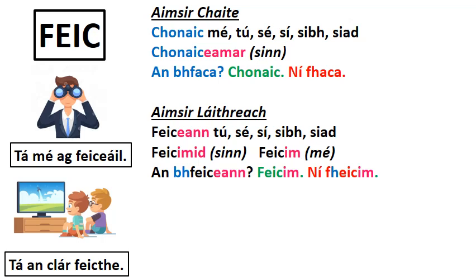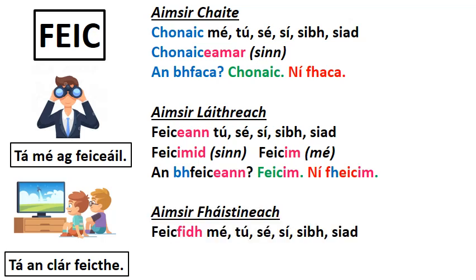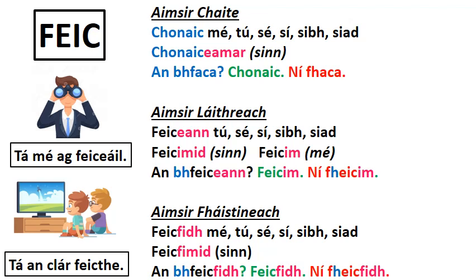I wonder will that continue for the Aimsir Fháistineach. I would be expecting feicfidh or feicfe, depending on how you pronounce it, and feicfimid. So let's see. And yeah, feicfidh mé, tú, sé, sí, sibh, siad. Feicfimid. An bhfeicfidh, feicfidh, and ní fheicfidh.